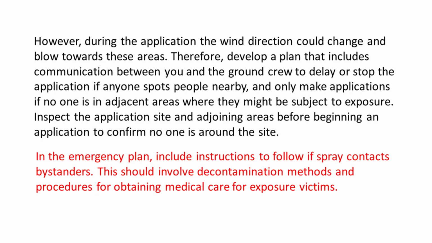Inspect the application site and adjoining areas before beginning an application to confirm no one is around the site. In the emergency plan, include instructions to follow if spray contacts bystanders. This should involve decontamination methods and procedures for obtaining medical care for exposure victims.